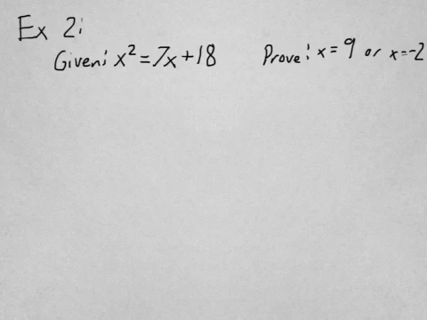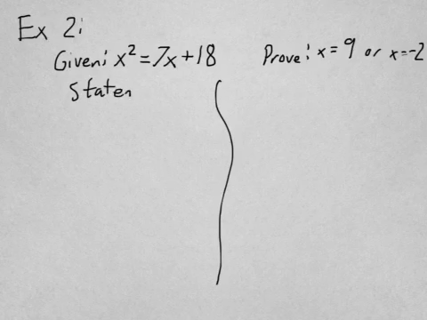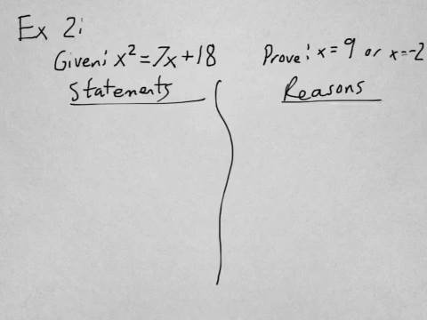Okay, so once again, to set up the 2-column proof, divide a portion of your paper into 2 columns with one column for statements and the other column for reasons. Do you remember what the first step is going to be? Well, the first statement is always our given information.